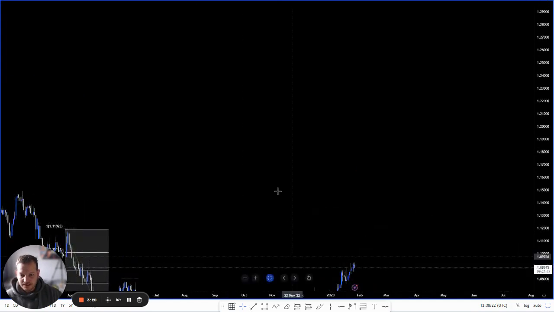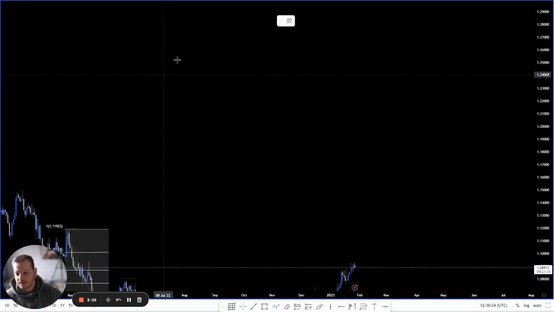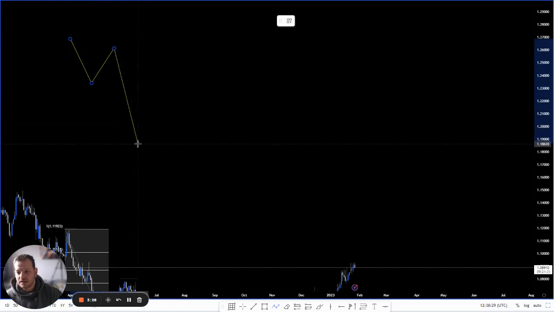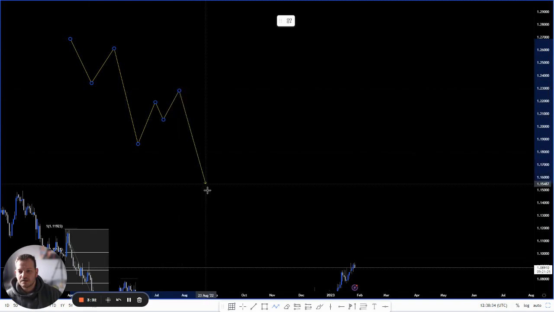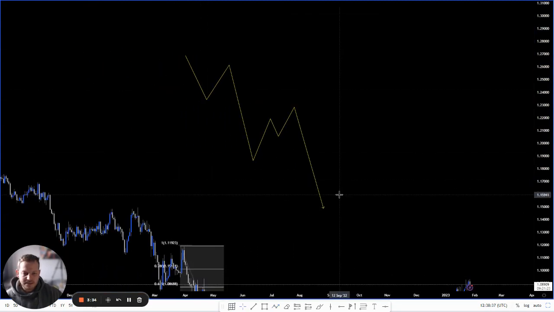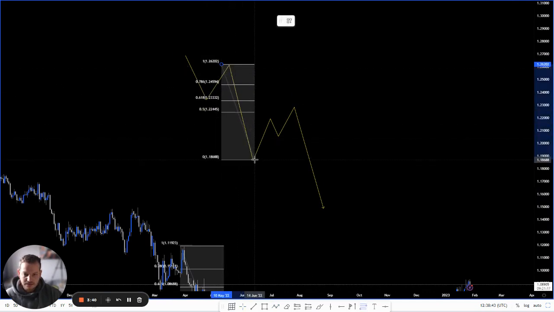Now, inducement is, so I'll do both ways. There's your swing low. So basically, if you did the same on this, there's your swing high to swing low.